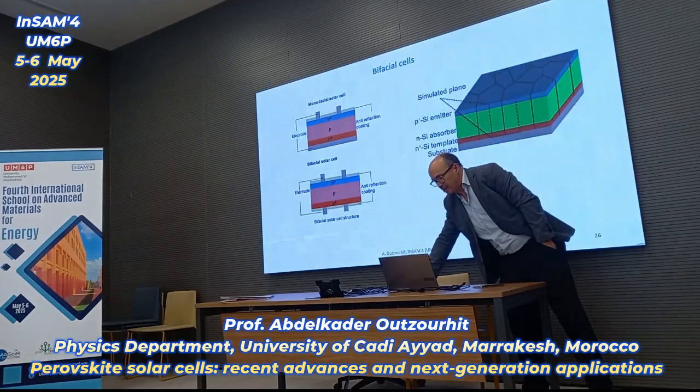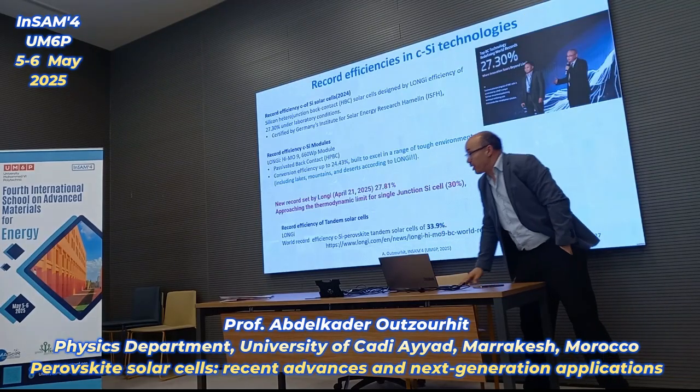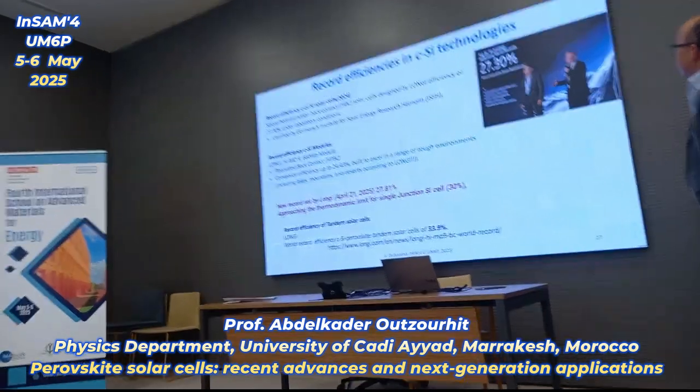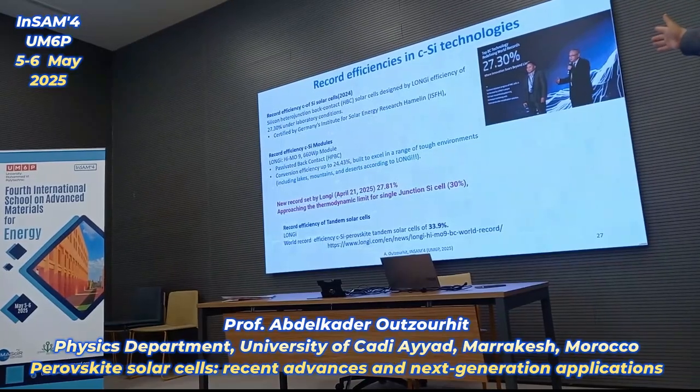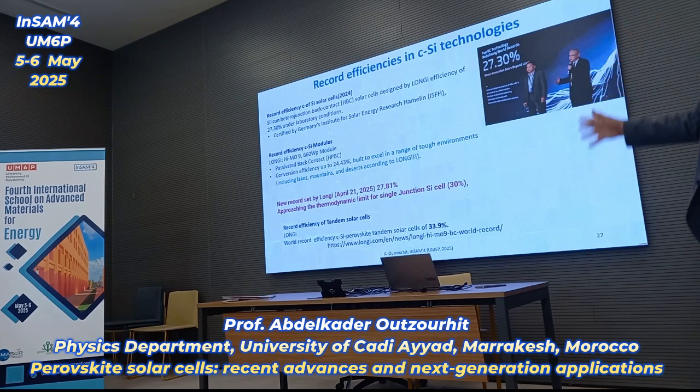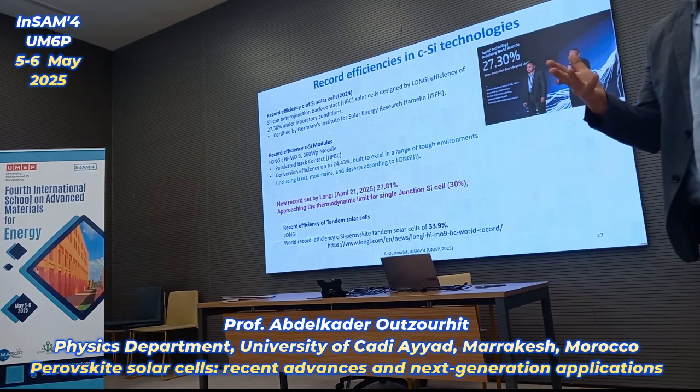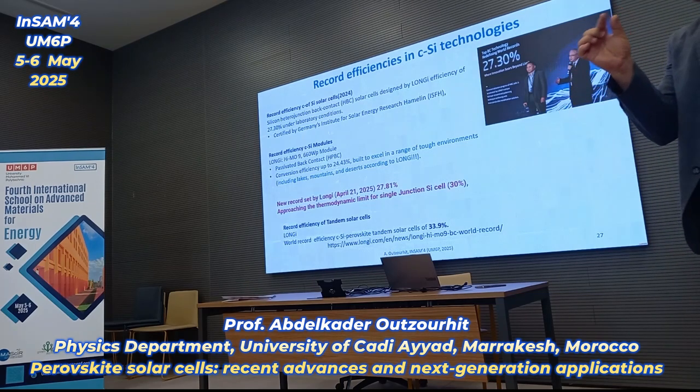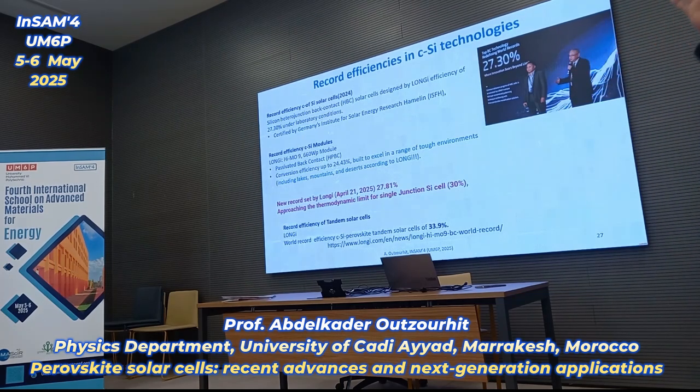Okay, so I'm going to go to record efficiencies now in solar cells. Last year, Longi reached 27.3% efficiency in silicon. And you see that for silicon, the maximum thermodynamic efficiency is 30. So we are 2 points from the maximum.